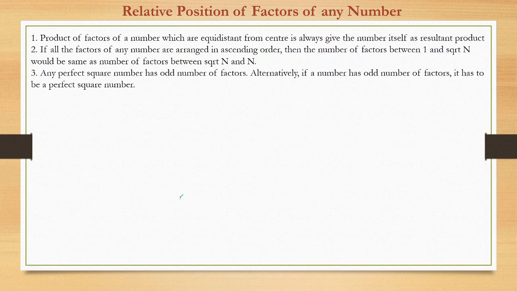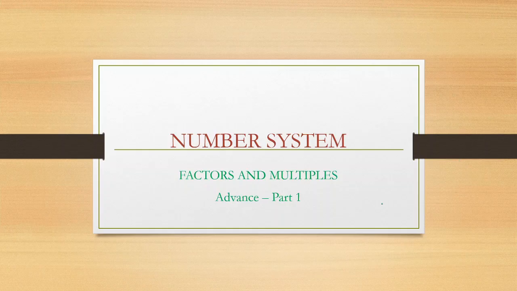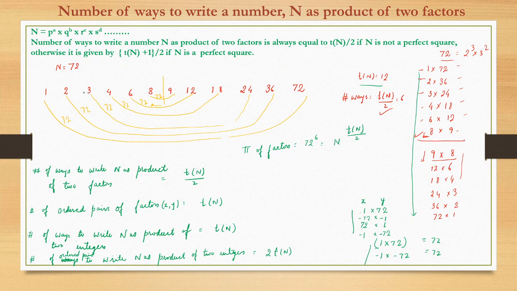Now we'll move into another concept. Here we may see one more case. Though we have seen the generic expression, the number of ways to write a number n as a product of two factors is always equal to Tn by 2 if n is not a perfect square.